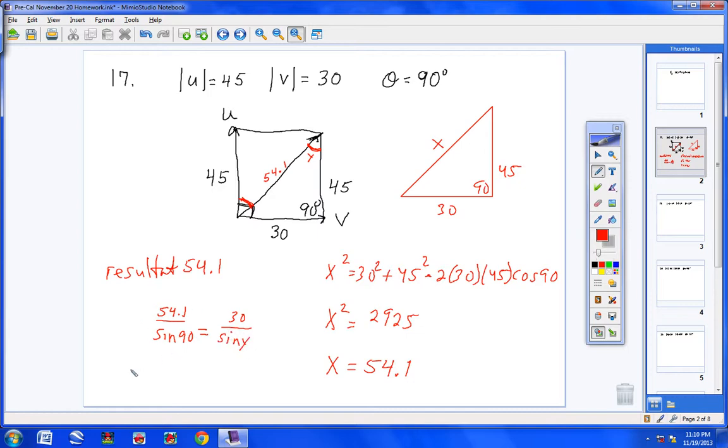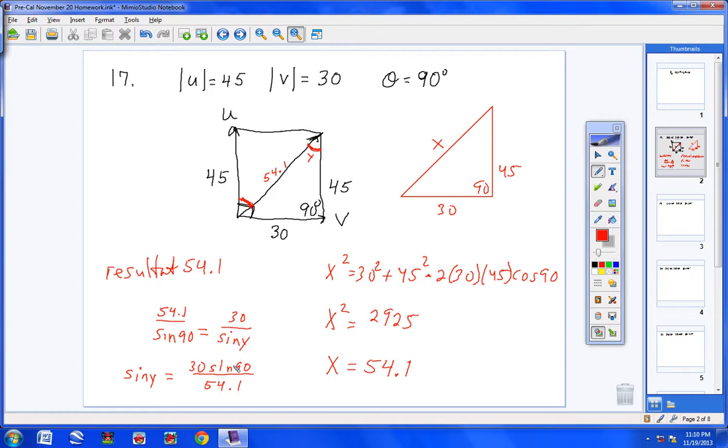Now if we cross multiply and divide, we will end up with the sine of y equals 30 sine 90 over 54.1.